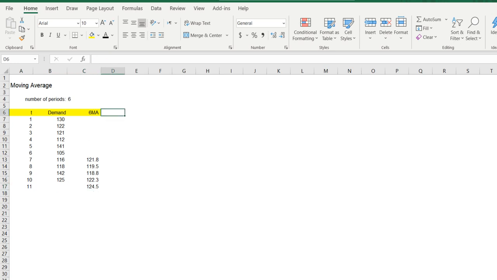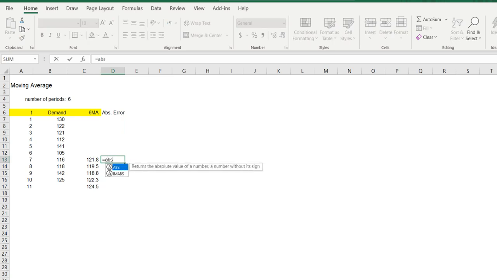Now the next column, what I did is I called this absolute error or deviation. And to get the absolute error, I'm going to go down here because up here, see, there's no forecast, so there's no error. So beginning with period 7, I'm going to type equal ABS for absolute value.